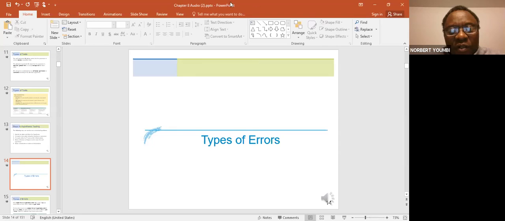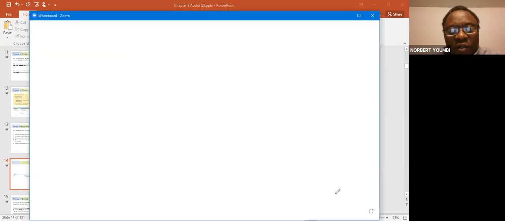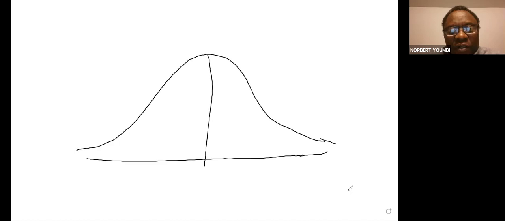In each of them, I can use the mean to represent each of the cases. So at this point, we want to discuss the errors in hypothesis. So the mean is at the middle. And we may say that the null hypothesis is the mean is greater than or equal to a certain value.